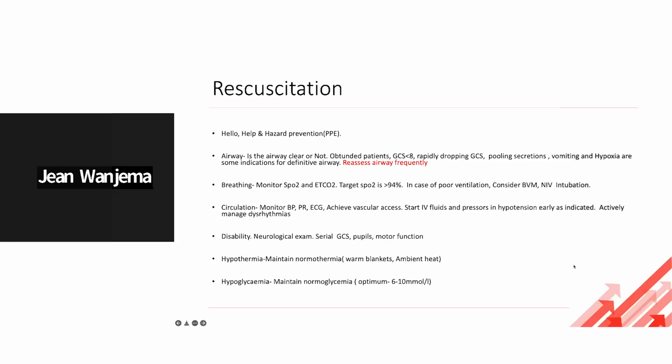So judicious use of fluids as needed and pressors if you're having really bad hypotension. Some drugs can cause arrhythmias, so you might need some antiarrhythmics in some situations, or even as you go down to disability, your GCS, your sugars as well.